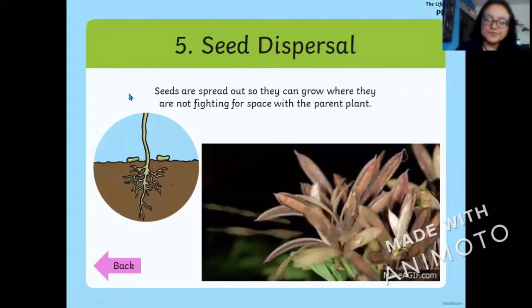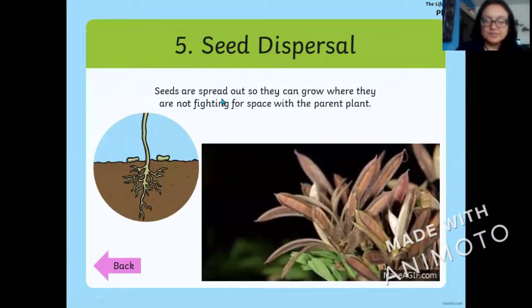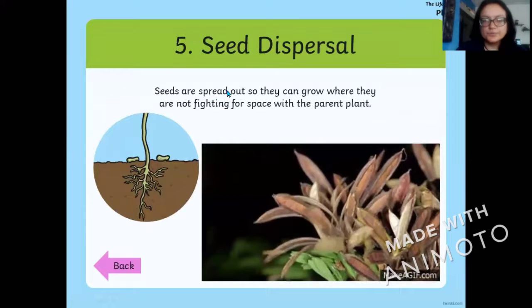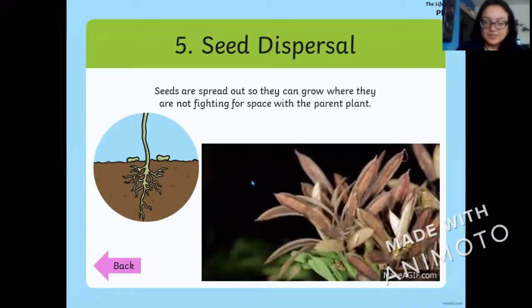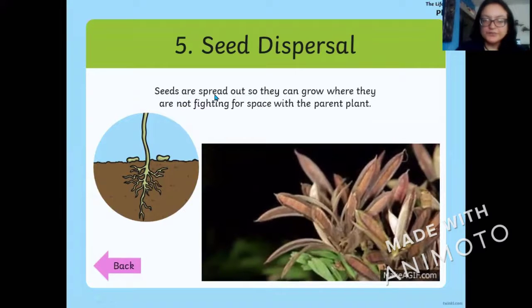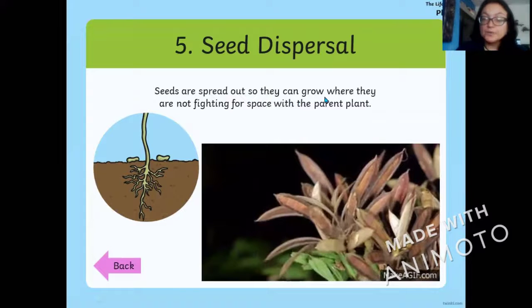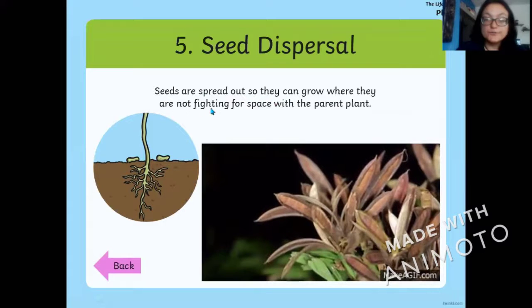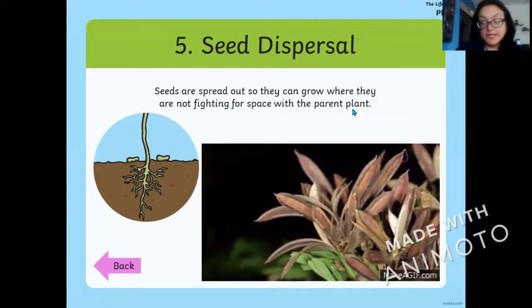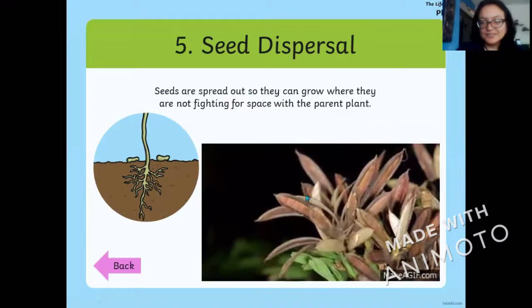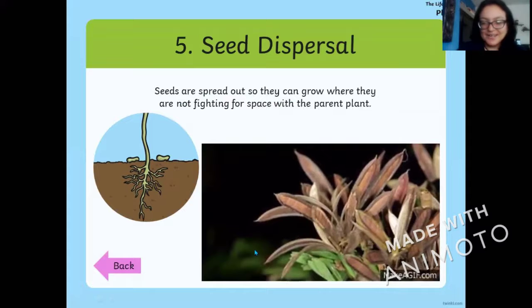The seed dispersal is a process where they're going to spread out. Look at here. Seeds are spread out so they can grow where they are not fighting for space with the parent plant.